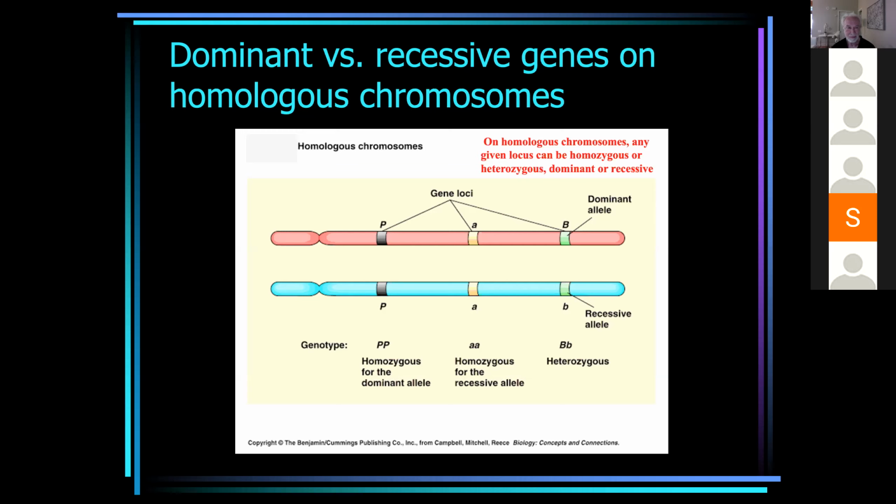So if you have, say, tall and short that you're looking for, you could use a capital T as tall and a lowercase t as short, provided that short is the recessive gene. But my point was that the standard notation is if you see a capital letter, you are talking about a dominant trait. If you see a lowercase letter, you're talking about a recessive trait. So there is some standardization there just for your own edification. Make sure when you're using these, you can decipher them correctly.